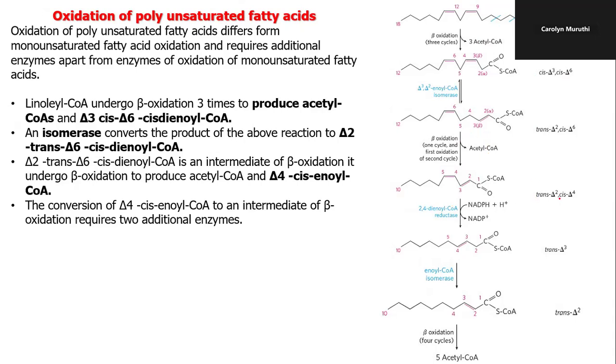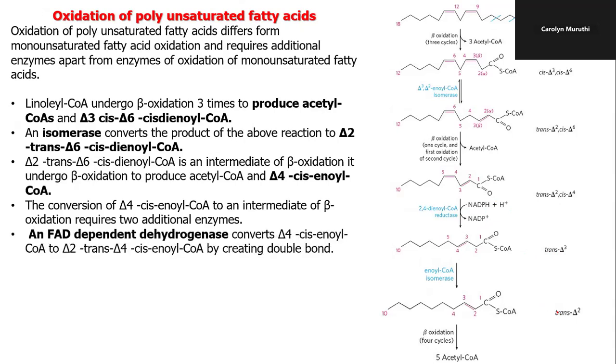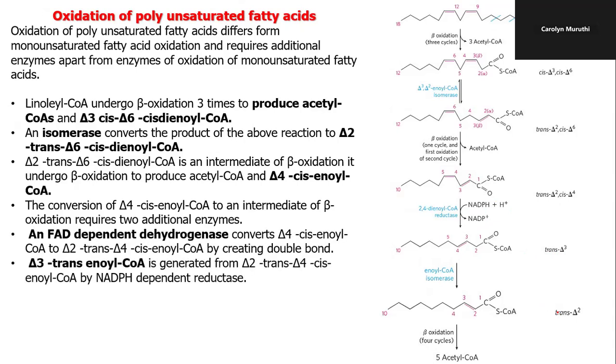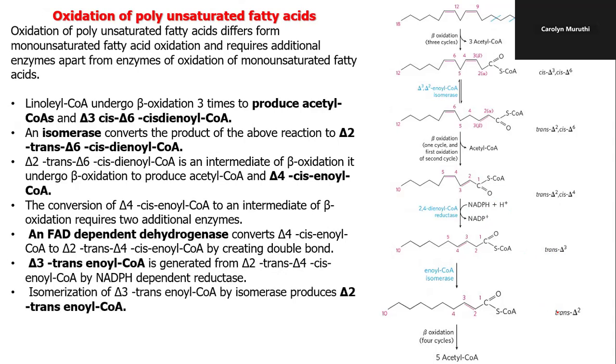And this will result in a trans-cis-enoyl-CoA, which undergoes reductase, utilizing NADPH to form a trans, and through the activity of an isomerase, the trans 3 will be converted to trans 2. This substrate formed can now undergo beta oxidation as a monounsaturated fatty acid.